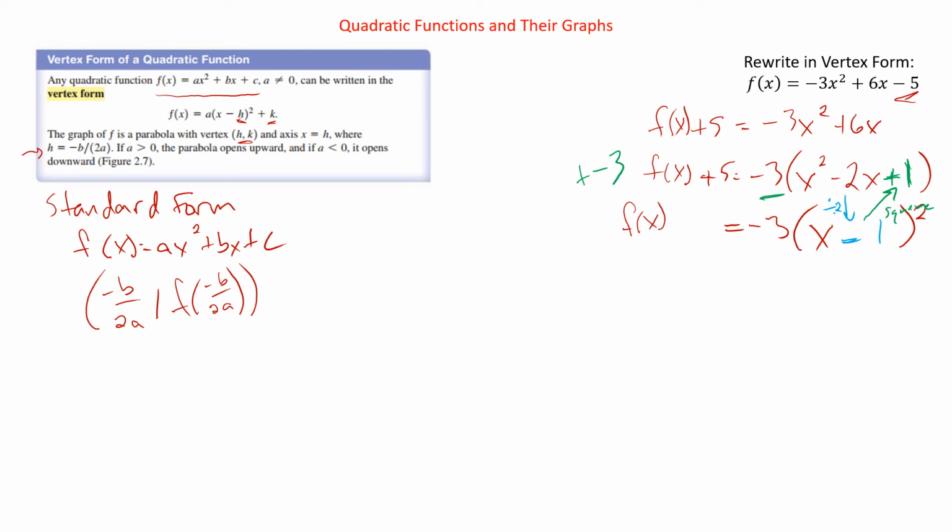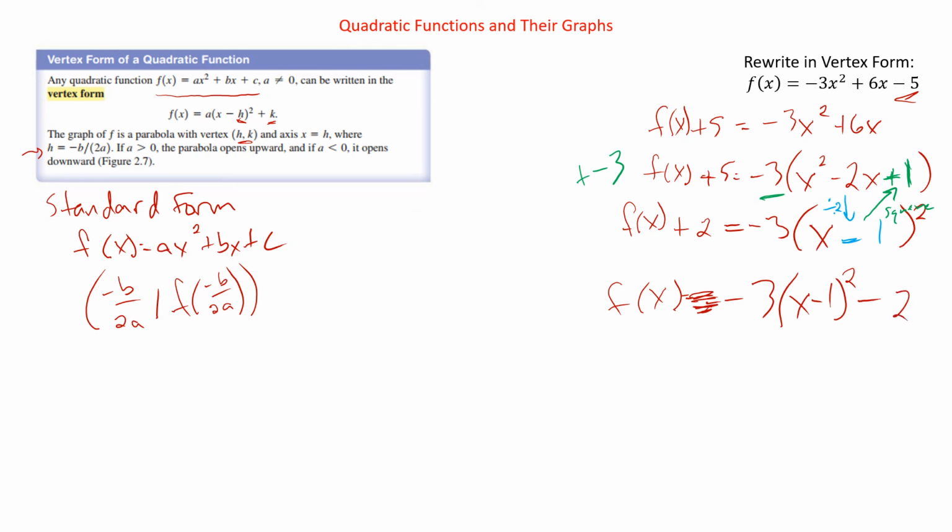However, negative 3 plus 5 is plus 2, which we can now move back over to the other side of the equation to get f of x equals, that's 2 equal signs there, that was fun, negative 3 times x minus 1 squared minus 2.